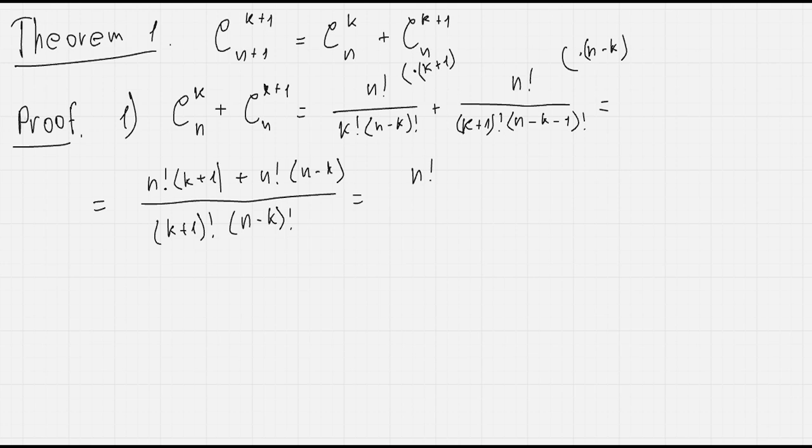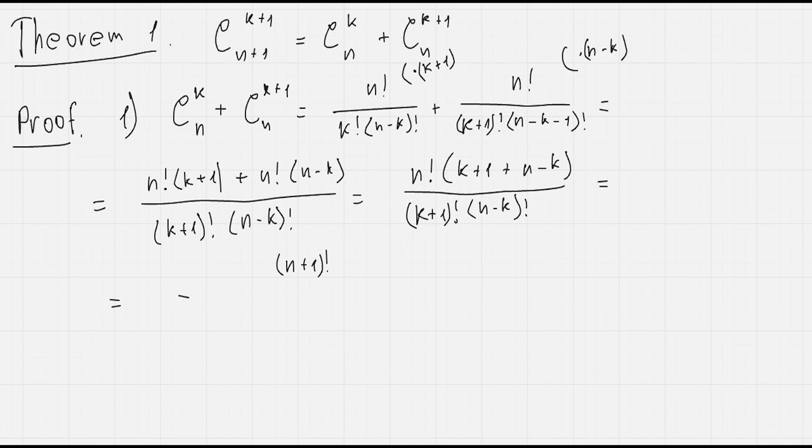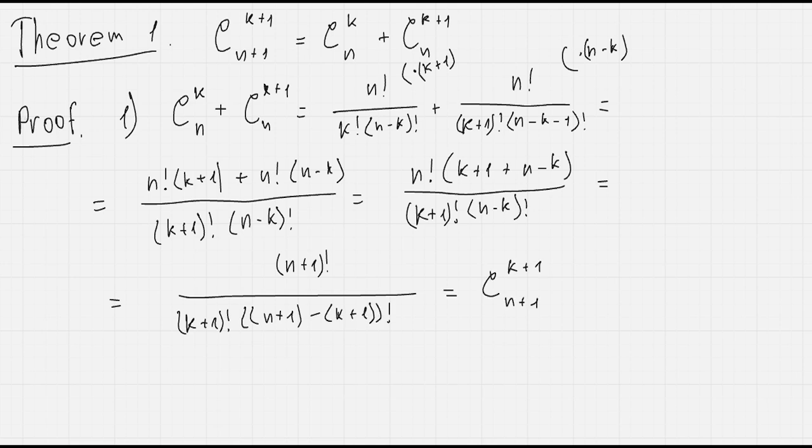That is, n factorial multiplied by (k plus 1 plus n minus k), divided by (k plus 1) factorial and (n minus k) factorial. That is, (n plus 1) factorial divided by (k plus 1) factorial and (n plus 1 minus k plus 1) factorial. That is, C(n+1, k+1).